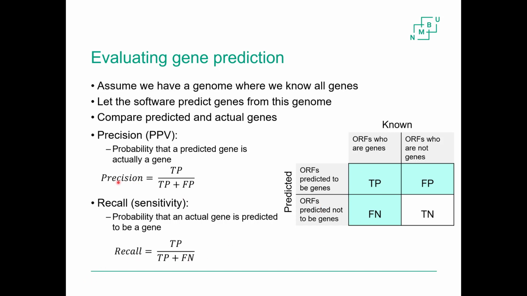And both of them should be as large as possible. You can see that these will always be numbers between 0 and 1, both of them, because of these fractions. So if you think of the false positives being 0, then you can see this is 1, right? That's the best you can have. And also down here, if the false negatives are 0, this is also 1.